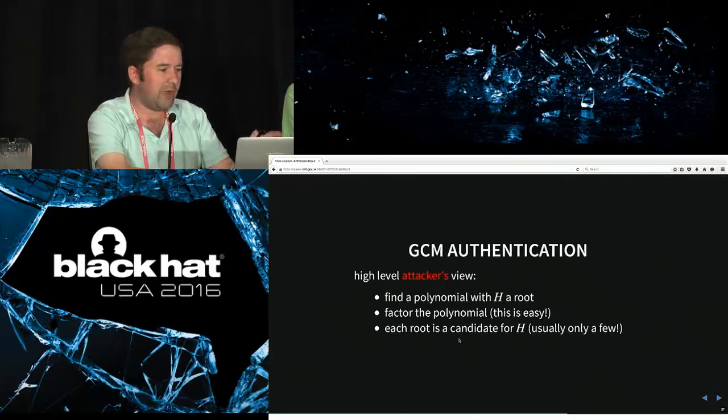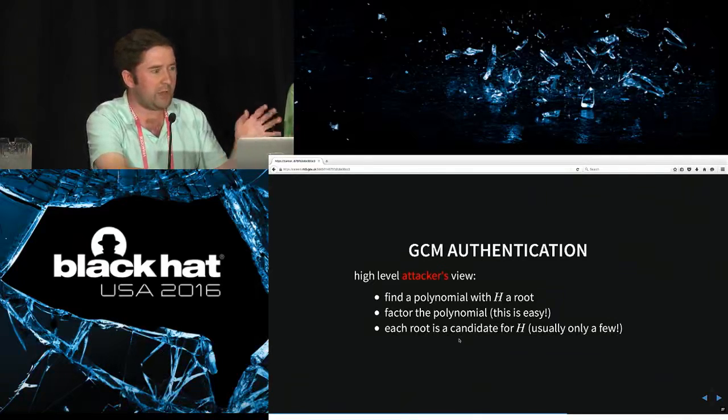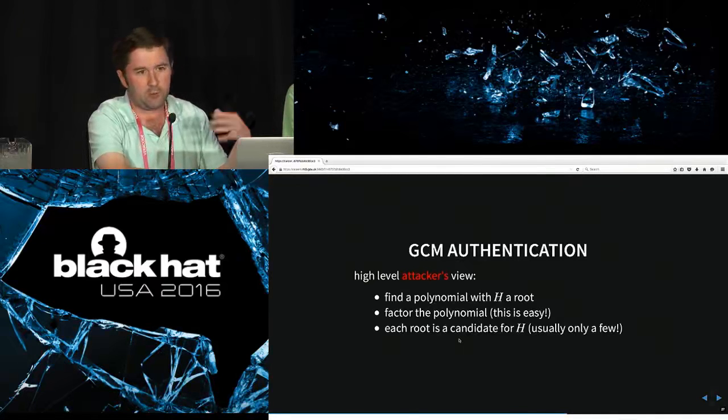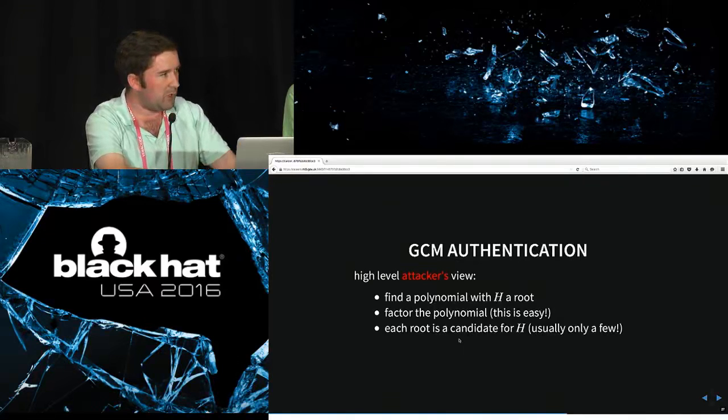The high-level attacker's view is going to take advantage of this polynomial structure. We're going to try to tweak that polynomial so we can find a polynomial that has H as a root. Then we factor that polynomial, which, fortunately, we have very efficient algorithms for in the domain that we're working in here.